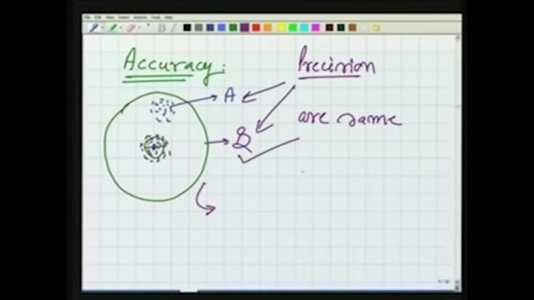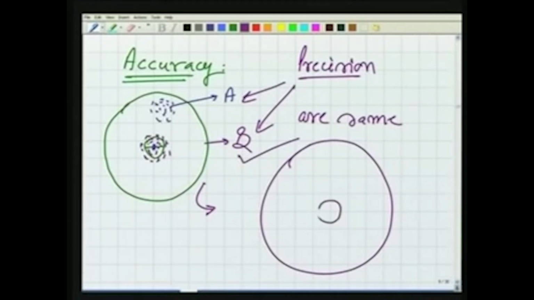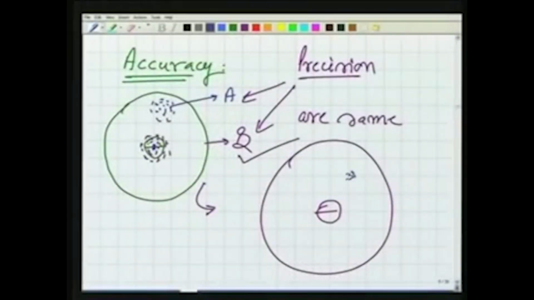Well, there may be a very interesting case. In this bull's eye, now there are two persons. One person has got his bullets here, the other person has got his bullets here.